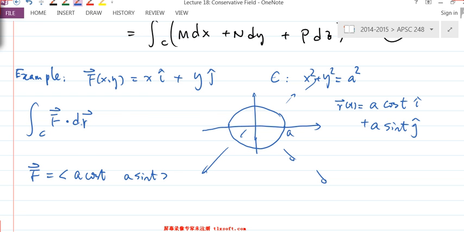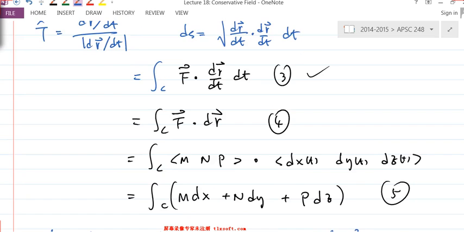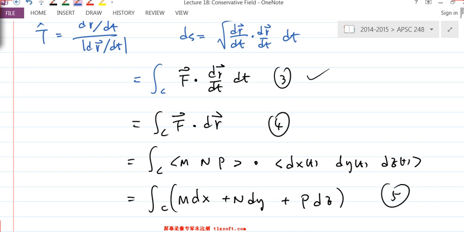And for dr, this is where you apply the formula. Maybe I don't use number 4, I use number 3. Ultimately you're integrating with respect to t, so everything has to be transformed into the variable t, and dt naturally shows up here.